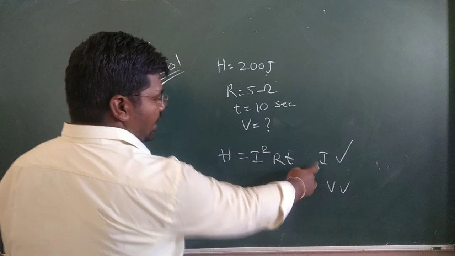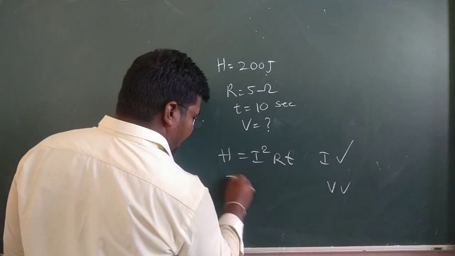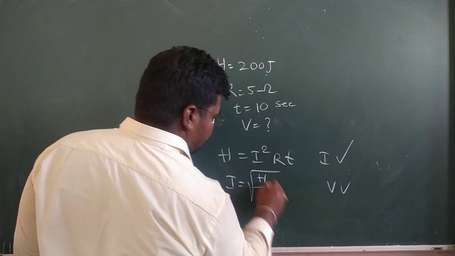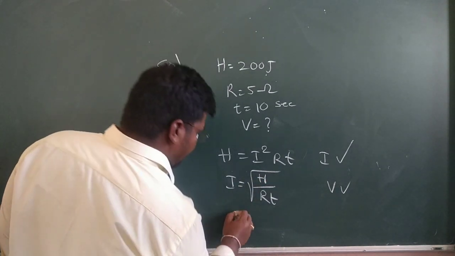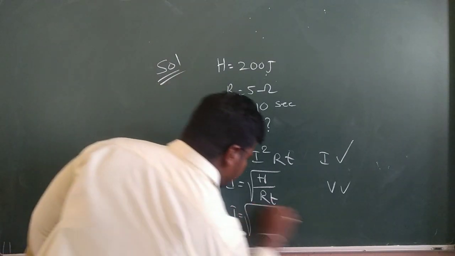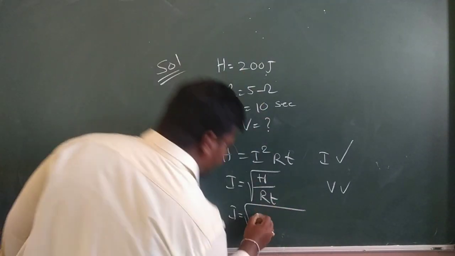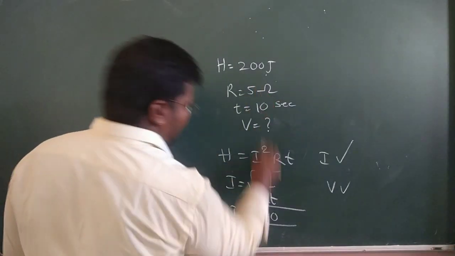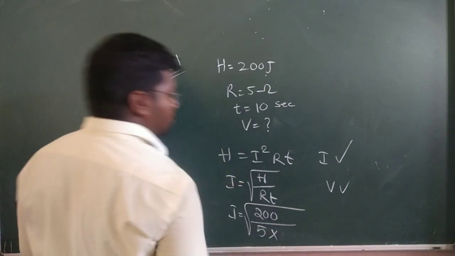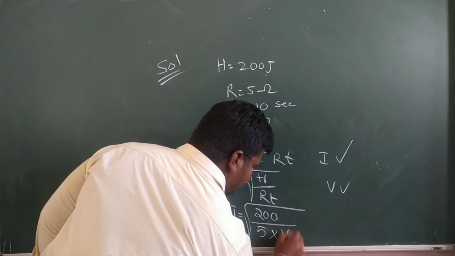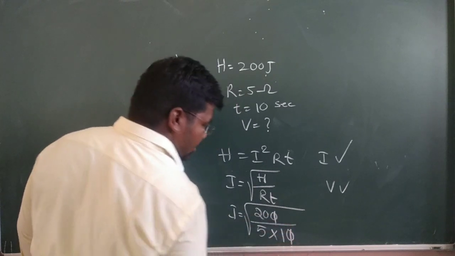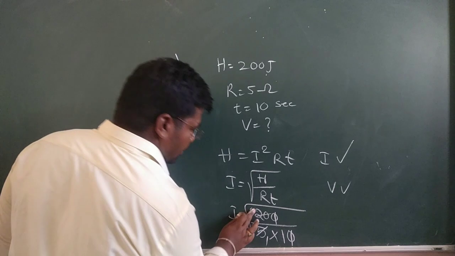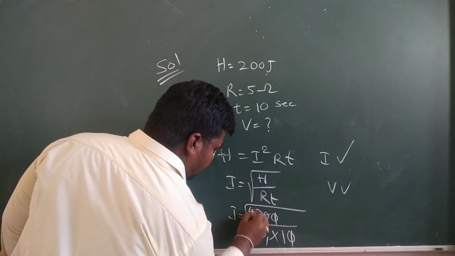How can we separate I? Directly, I is equal to root of H divided by RT. H is 200, divided by resistance 5 ohms into time 10. The zeros get cancelled: 5 ones are 5, 5 fours are 20, so 4.